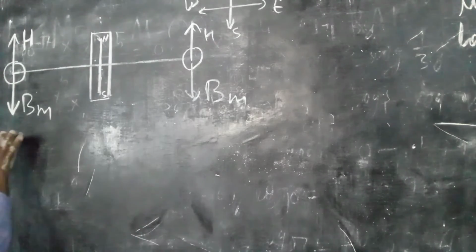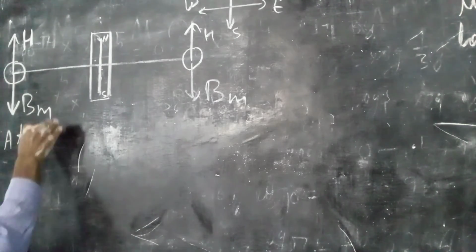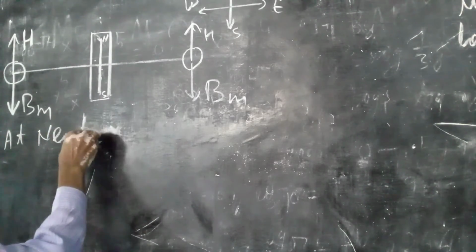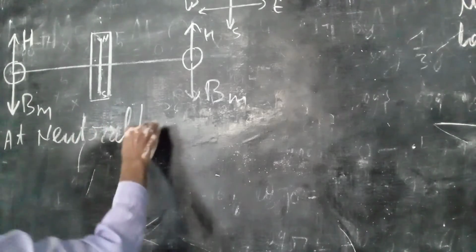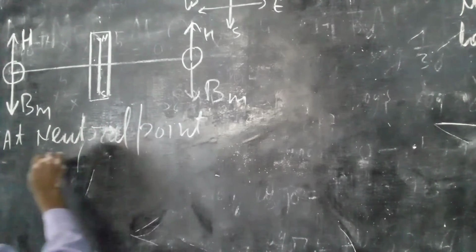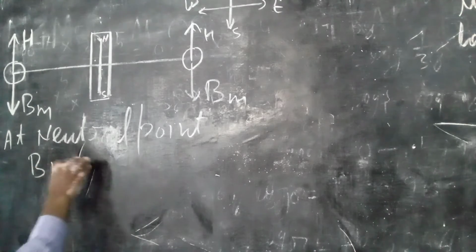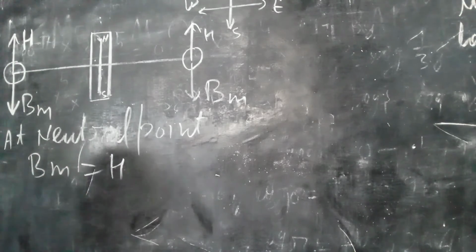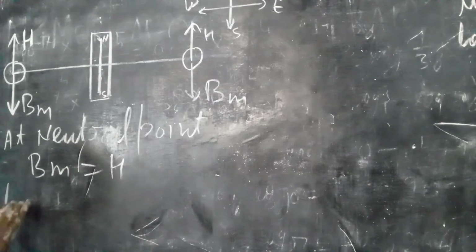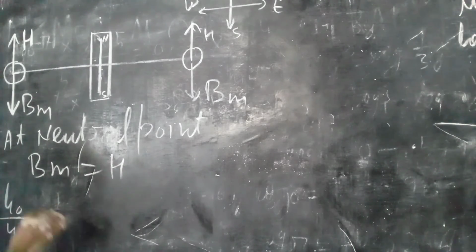So at the neutral point, BM is equal to H.